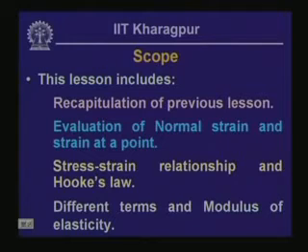We will look into the relationship between the stress and strain, and thereby Hooke's law, which is defined for the elastic body, and then the different terms which we get in the stress strain relationship and the modulus of elasticity.